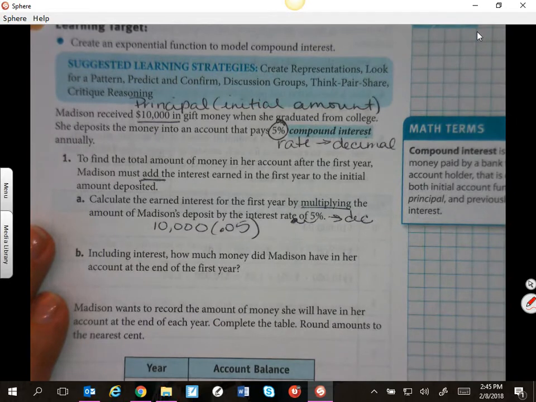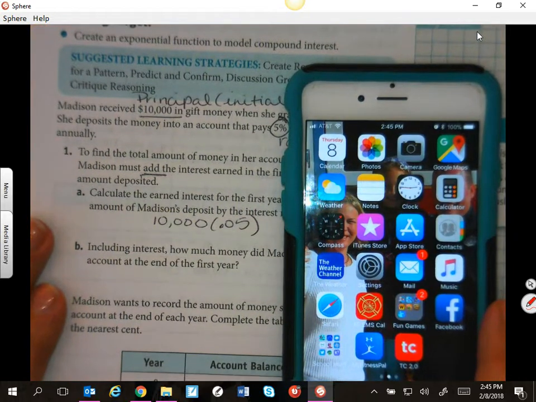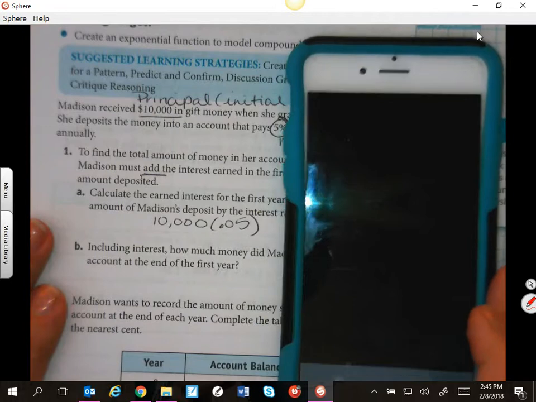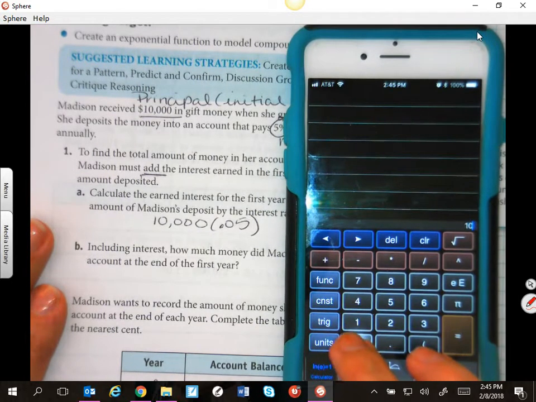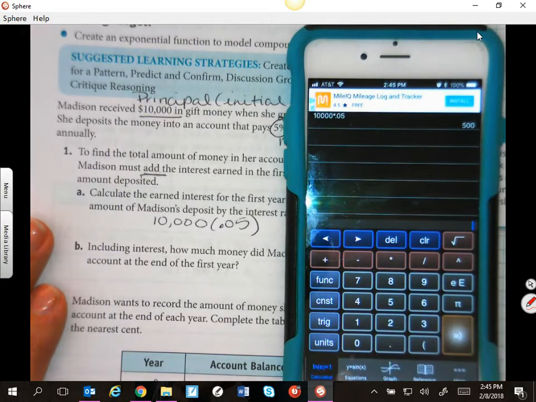Feel free to use your calculator. You can use that free graphing calculator app, or if you wanted to just use a regular calculator, you can do that as well. So here is my calculator. I'm going to say 10,000 times 0.05, and we get interest is $500.